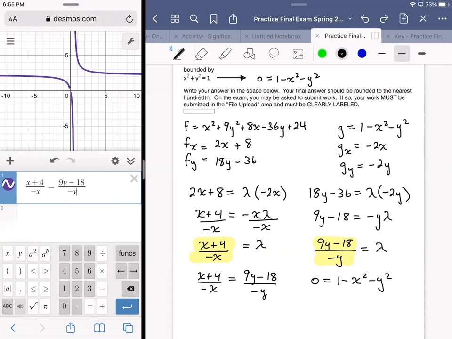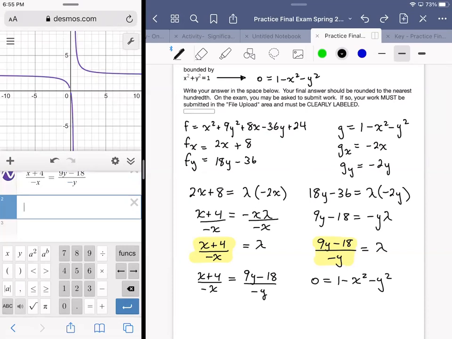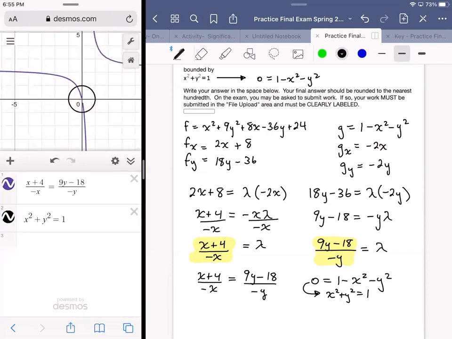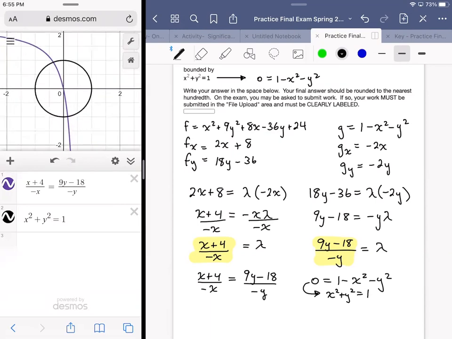All right. So now what I'm going to do is graph the other one. I'll just write it as x squared plus y squared, right back to where we started, is equal to 1. And what I'm looking for is intersections.